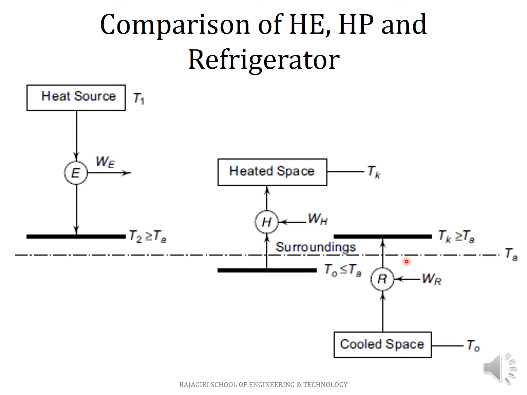This chain line represents the surrounding temperature, which is denoted with TA. So you can see from the figure, a heat engine works well above the surrounding temperature. The lower temperature may be greater than or equal to the surrounding temperature.